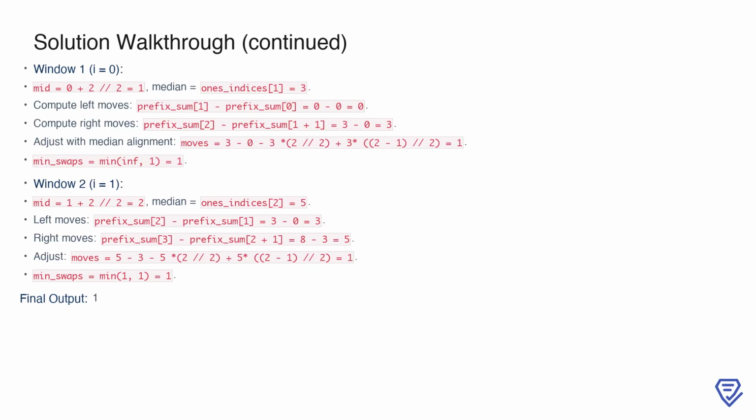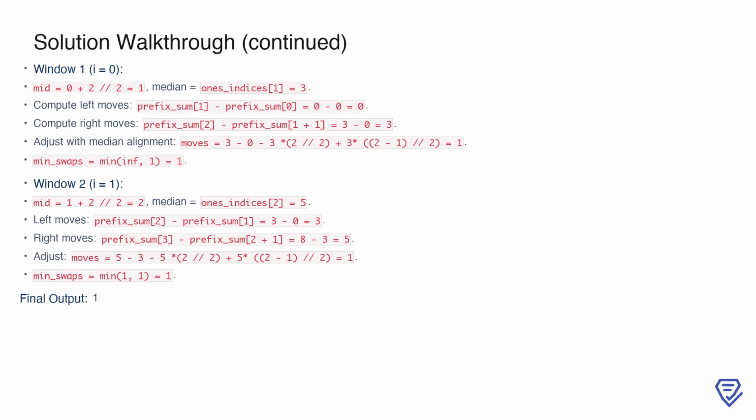For the first window, starting at i equals 0, the median position is calculated as mid equals (0 + 2) / 2, which is equal to 1, which corresponds to ones_indices[1] equals 3. The left moves, or the total distance to align the ones before the median, is computed as prefix_sum[1] - prefix_sum[0] equals 0.